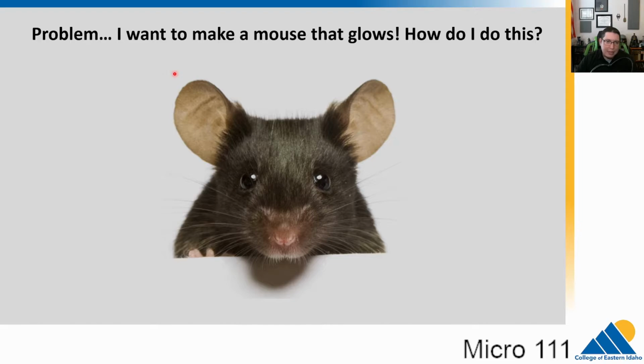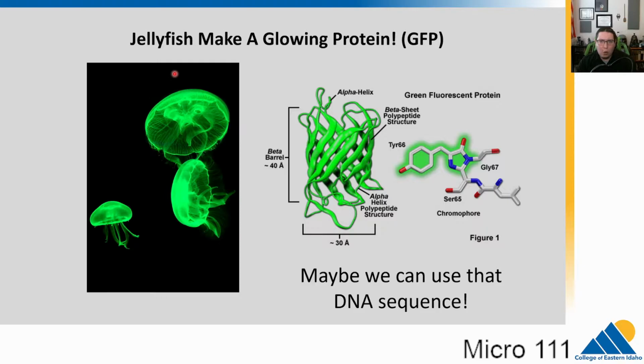Well, if you're really clever, you look out at the diversity of biology, and we have some things that do actually glow in the dark. There's a whole group of jellyfish that make a protein that glows green. This is called green fluorescent protein, or GFP. I actually have some E. coli in the lab with this protein in them.